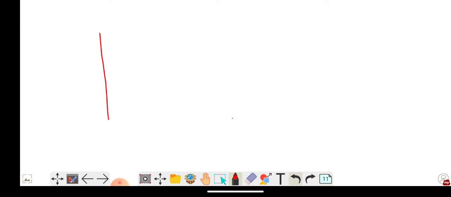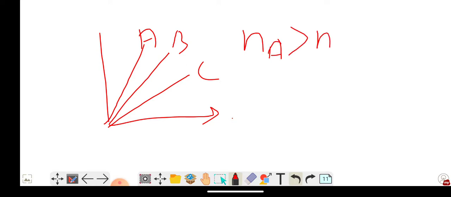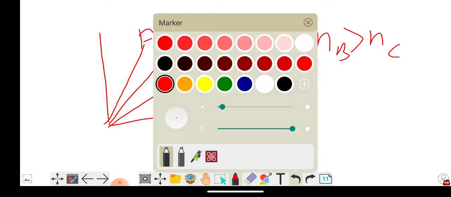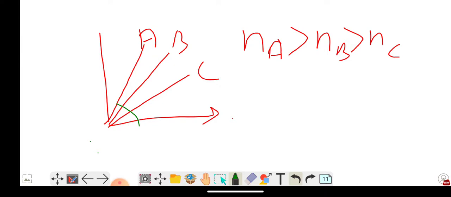In this way, Na is greater than Nb is greater than Nc, since the slope for A is greater than the slope for B, and the slope for C is smaller.